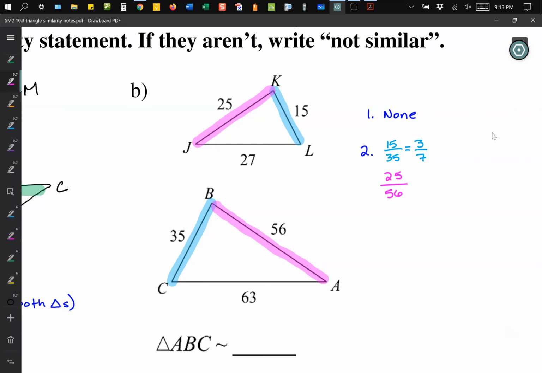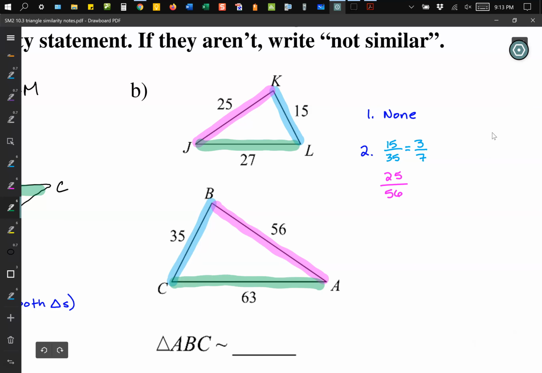That doesn't simplify, but it's not 3/7. And longest over longest: 27 over 63. Those can be divided by 9, and that gives me 3/7.